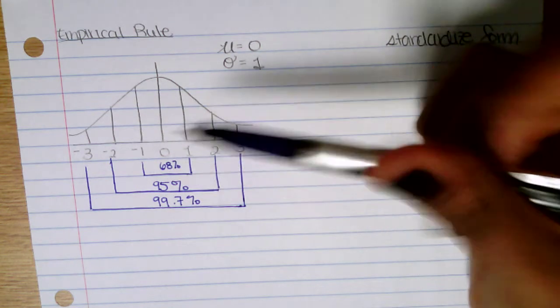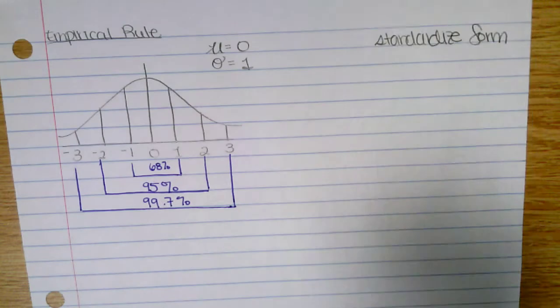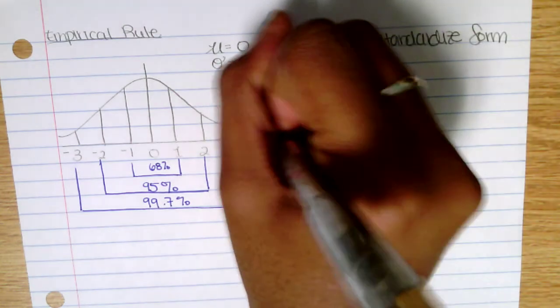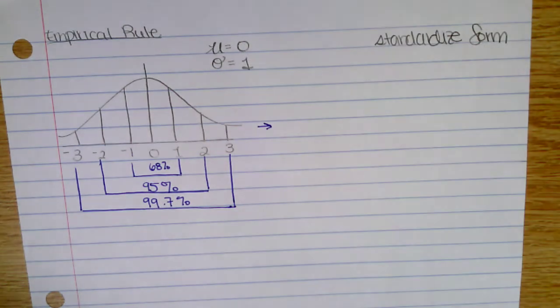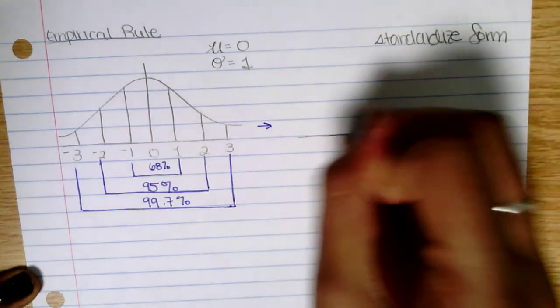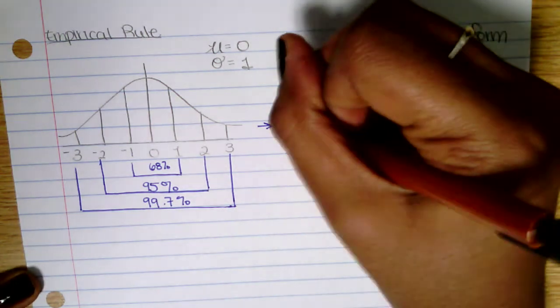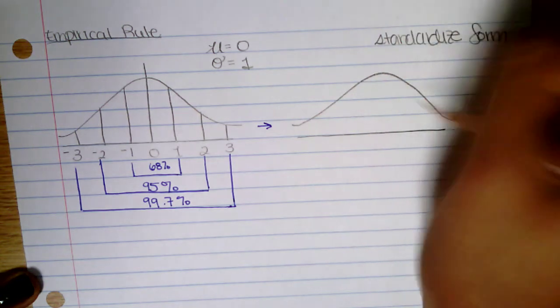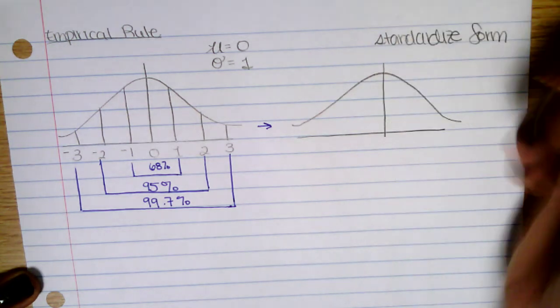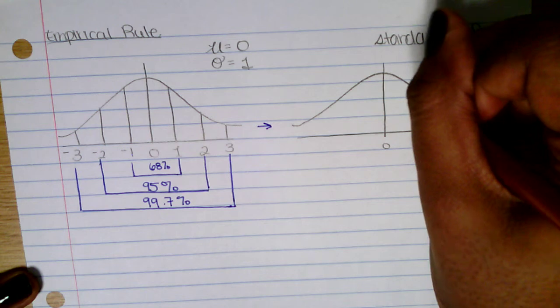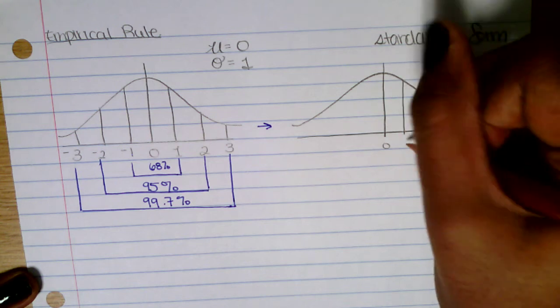Now, another way to break it down is to show how much is within each standard deviation. So if we break it down, same thing, our mean is 0 and our standard deviation is 1.